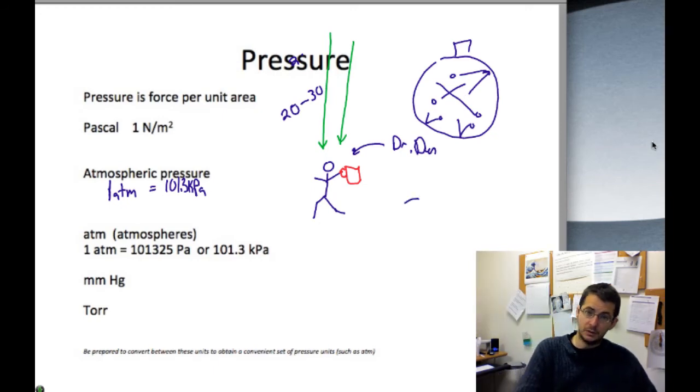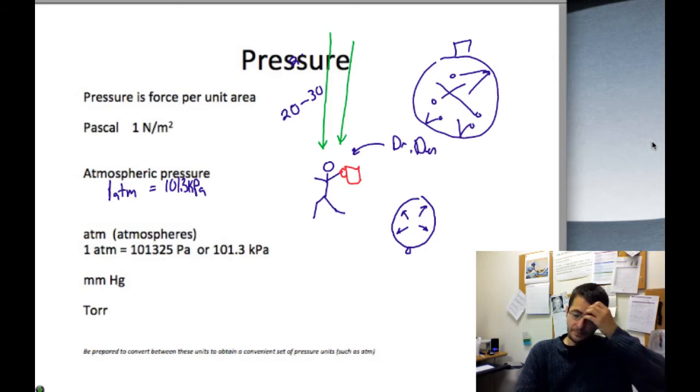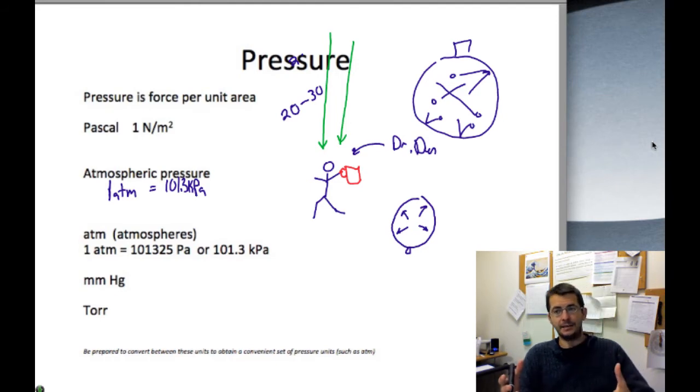For a balloon to maintain its pressure, its shape, it has to exert a force on that balloon at least equal to the atmospheric pressure. So when we take a container and we fill it full of air or other gas and we seal it, it's at 1 atmosphere.